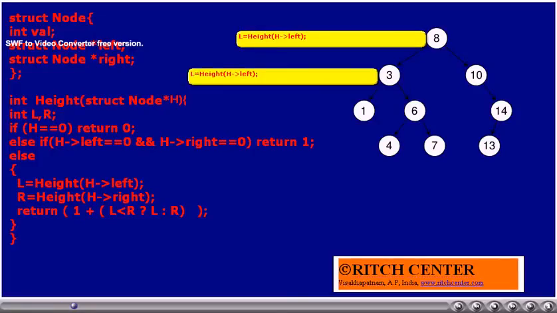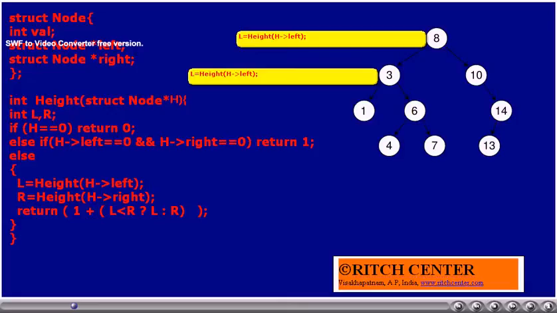Now the same function height is called. This time we will be sending the address of the node having integer number 3.